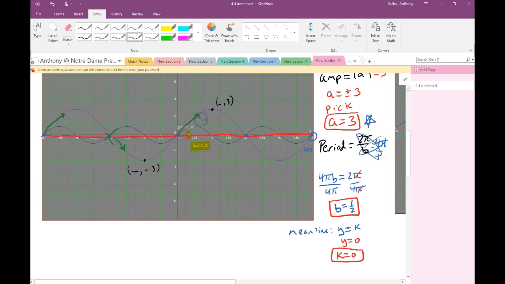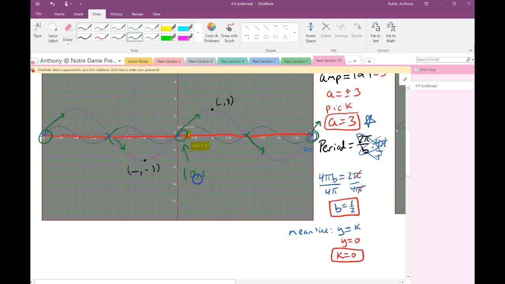Here I'm starting a crest, but here I'm starting a trough, so I would not pick this one. Here I'd be starting a crest, so I could use this point, or this point, and all of those would give me a correct answer. It does not matter which one of those points I choose to use.